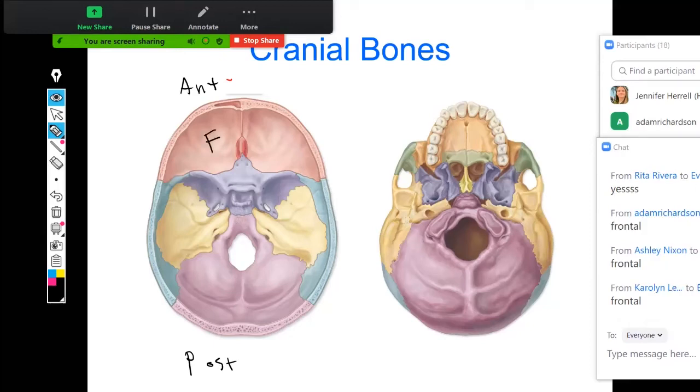Little trickier to see from this view, but these would wrap over the top of the head. What are these blue ones shown on the side here? Like right there. Oh, we have some debates. Oh, these guys, remember we're looking from the top. This is a superior view.